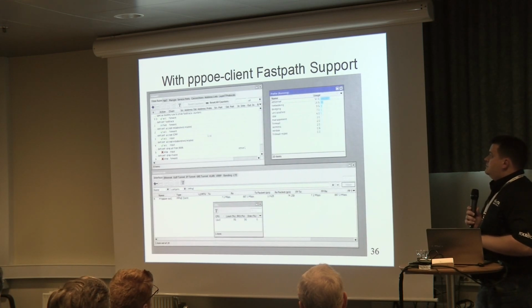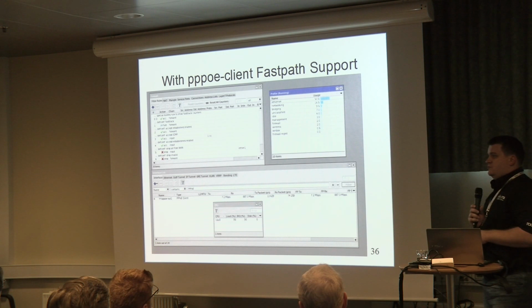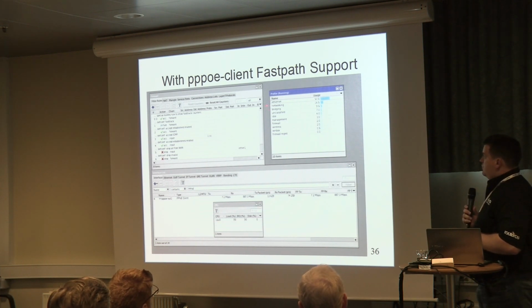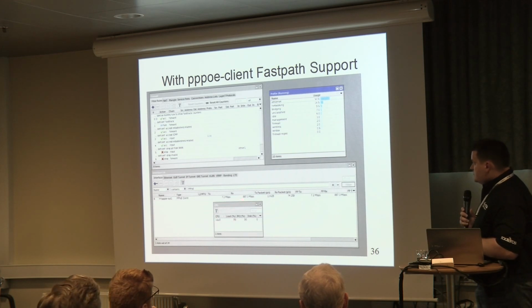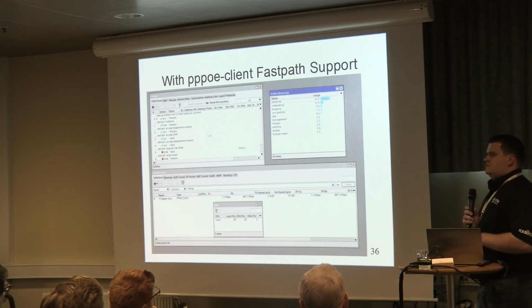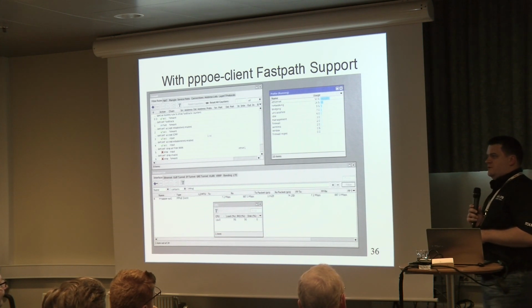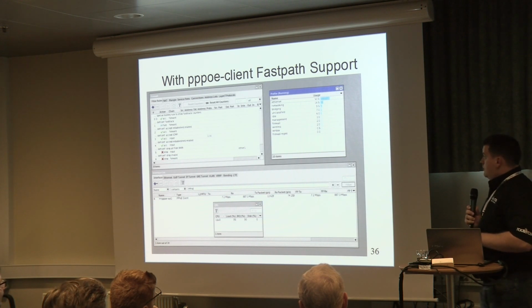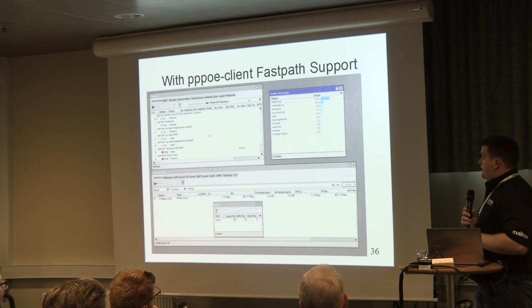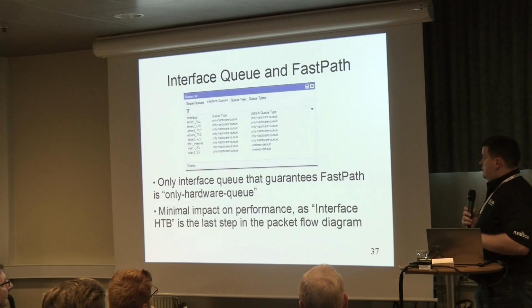Now we add PPPoE client FastPath support, and you can see that firewalling is just 2%, CPU load is 95%, and speed is 887, which combined with the PPP overhead is basically wire speed. Just by simply adding PPPoE client FastPath support, you can have this.